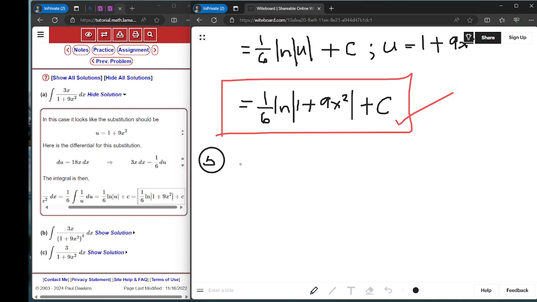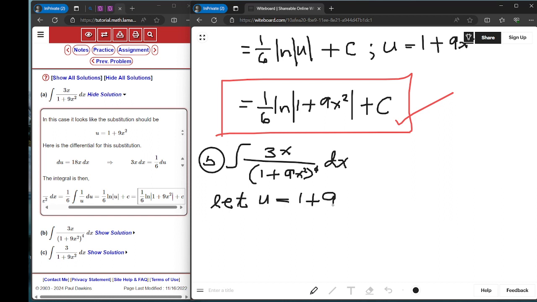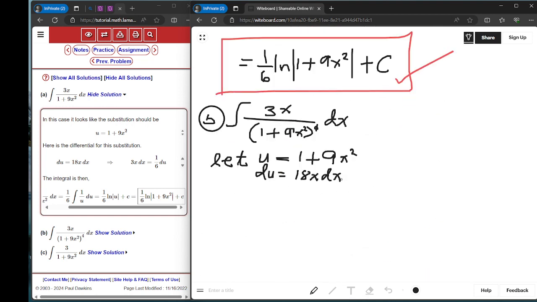For B, we'll have the integral of 3x over 1 plus 9x squared to the fourth, dx. So if we let u be equal to 1 plus 9x squared, our du is equal to 18x dx. We have already solved this above, and du over 6 is equal to 3x dx.